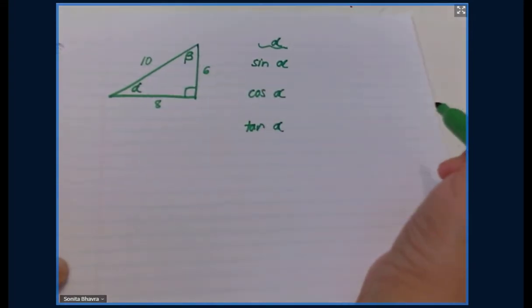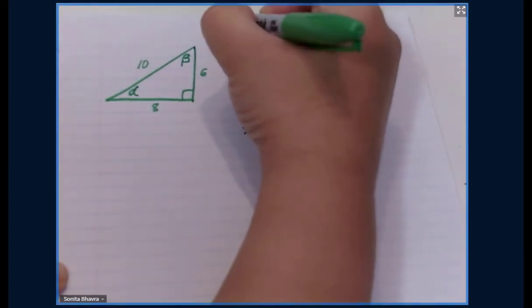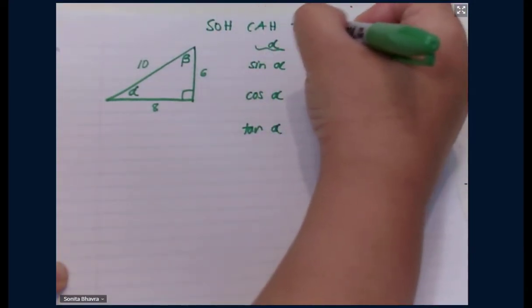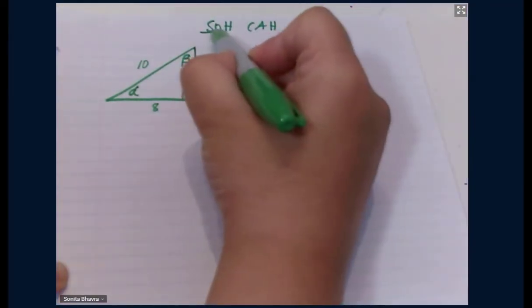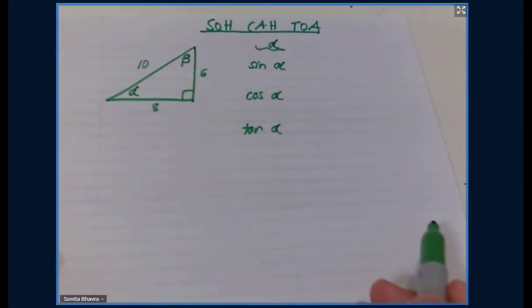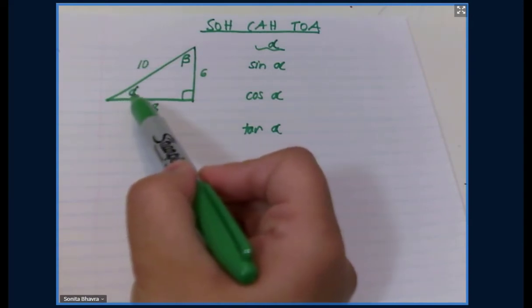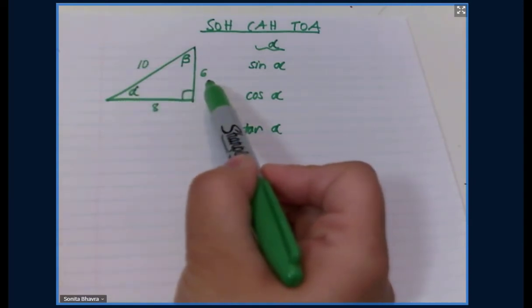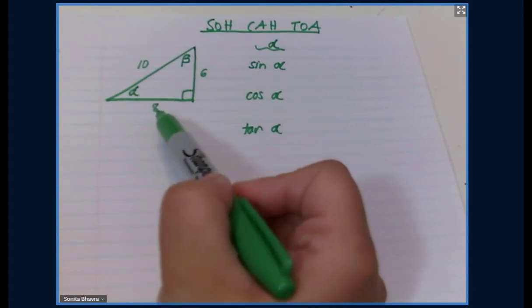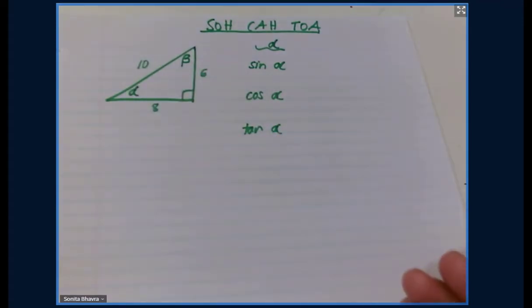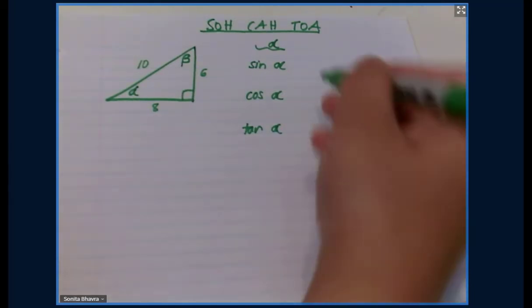And just remember SOHCAHTOA. When we're looking at our angle alpha, the side opposite to it is 6, the side adjacent to it is 8, and 10 is the hypotenuse for this triangle.